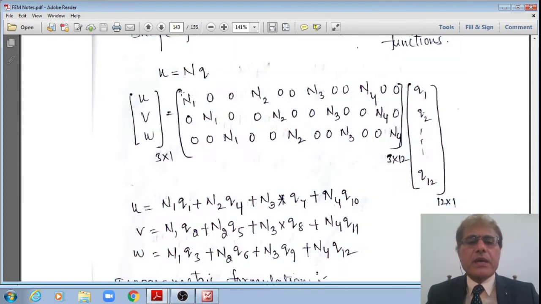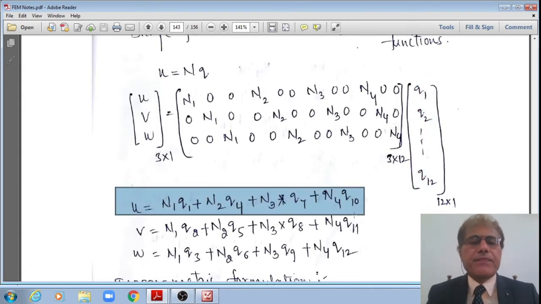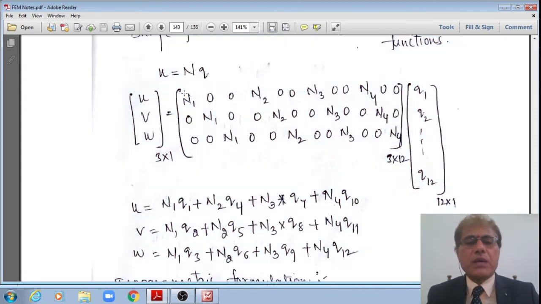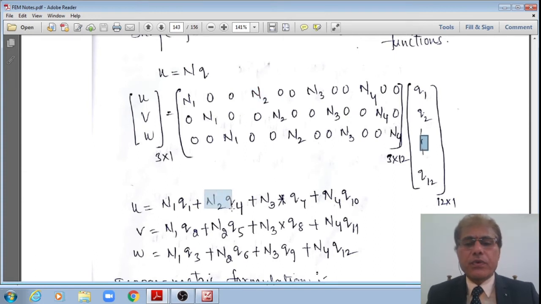And if I multiply the first row, operating upon this column, then I should get the u displacement in the x direction. We can see from this that N1 multiplied by q1. However, this displacement u is not related with the degrees of freedom q2, q3. However, it is connected once again with the degree of freedom in the x direction, N2 multiplied by q4, right? So on and so forth up to N4 multiplied by q10.